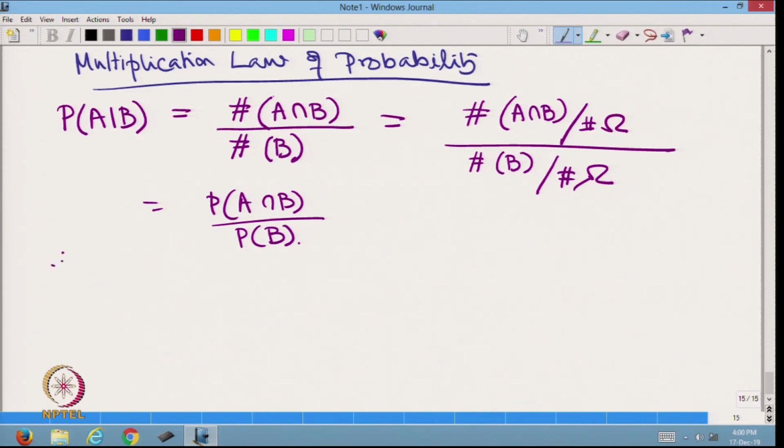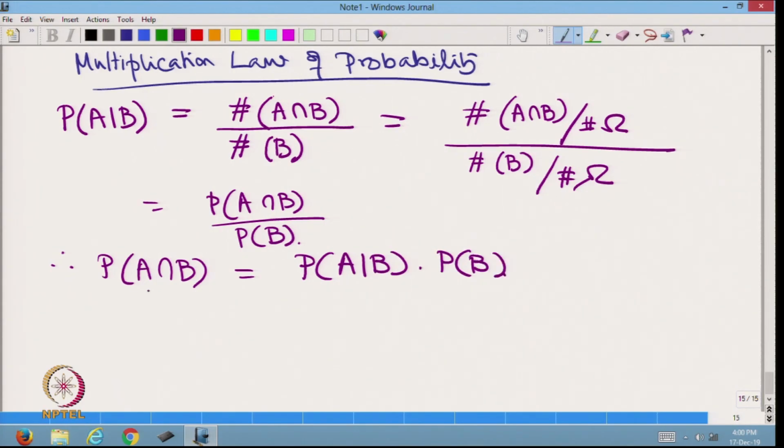Therefore, probability of A intersection B is equal to probability of A given B multiplied by the probability of B. This is a very important result in probability. We often use it in solving problems.